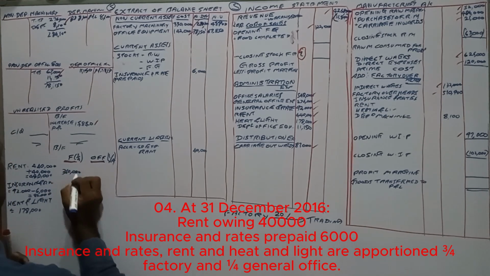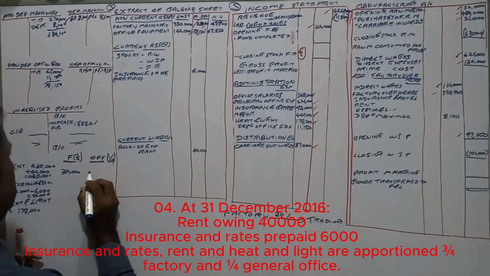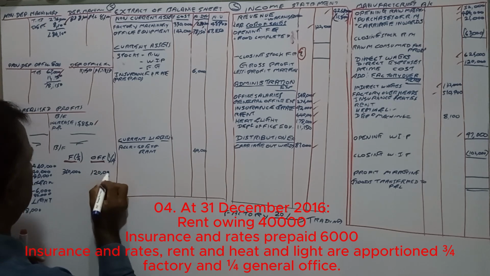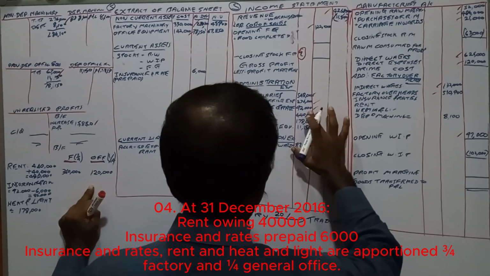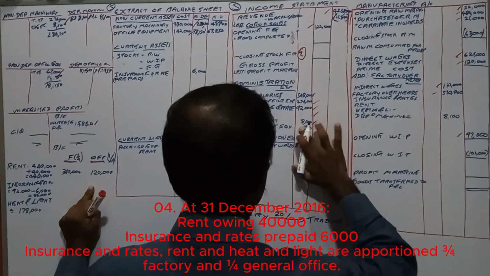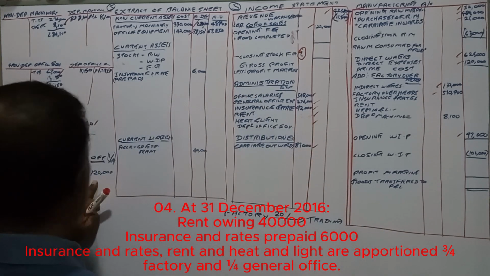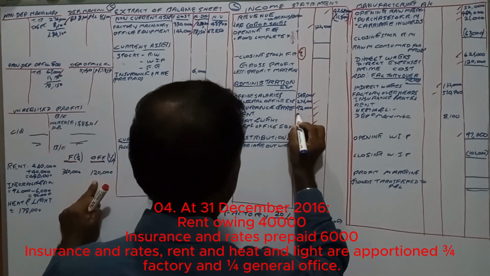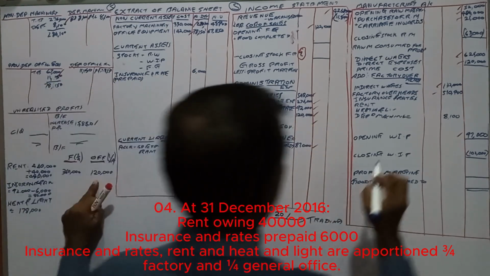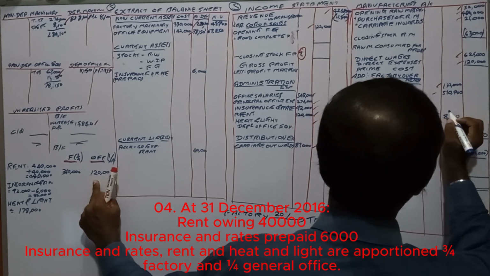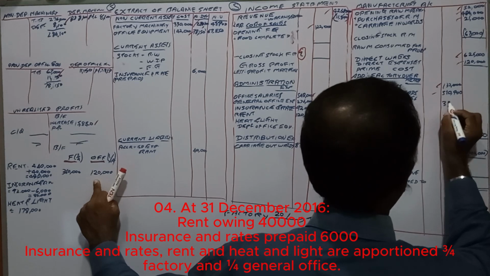Then for the office, it is 120,000. So we have to adjust the amounts here, right? We delete this, and they say office 120,000 for rent, and the apportioned amount for the factory is 360,000.